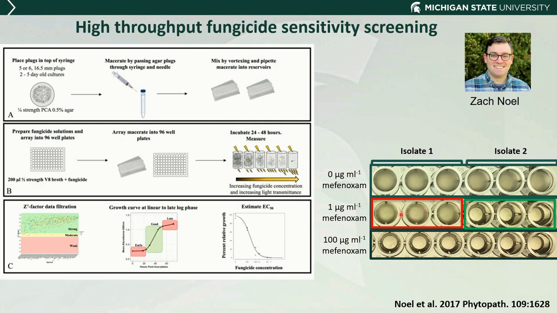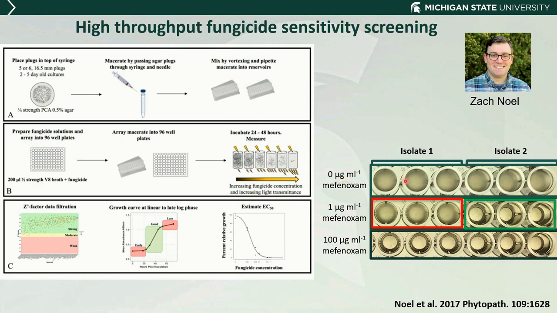And what we are able to do is, over the course of 24 or 48 hours, we can use what's called a spectrophotometer, which basically shines a light down into those wells and determines how dense the organism is that's growing in there. And so when we have low concentrations of the fungicide, we have a lot of growth.